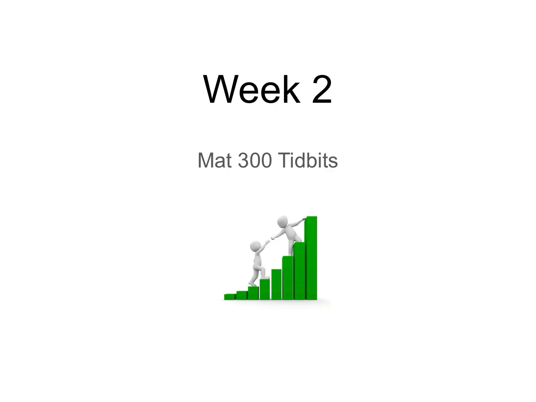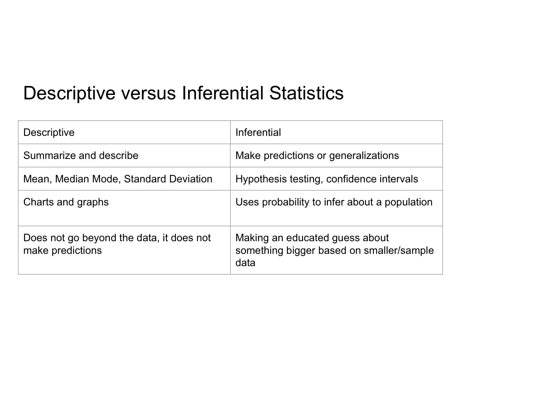In this video, I'm going to briefly cover descriptive versus inferential statistics. Just a few things. For descriptive, mainly that involves data that is summarized and described, including the mean, the median, the mode, standard deviation, charts, and graphs.